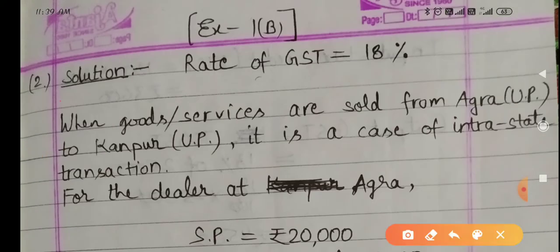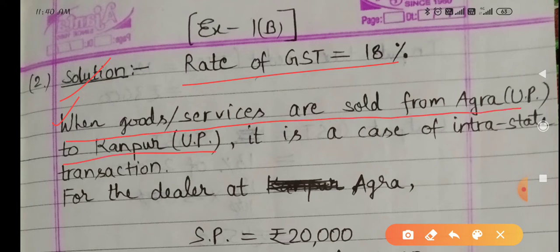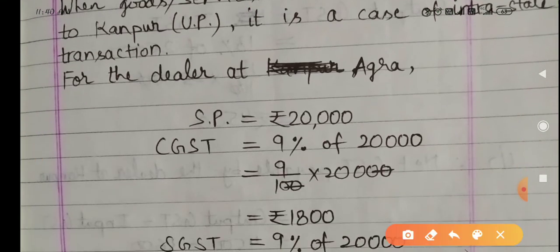You can see the solution. Rate of GST I have written 18%, it is given. So first case I have taken, when goods and services are sold from Agra UP to Kanpur UP. So it is a case of intrastate transaction. It is necessary to write. Okay. So for the dealer at Agra, SP is 20,000 because from Agra it is sold for rupees 20,000 to Kanpur.